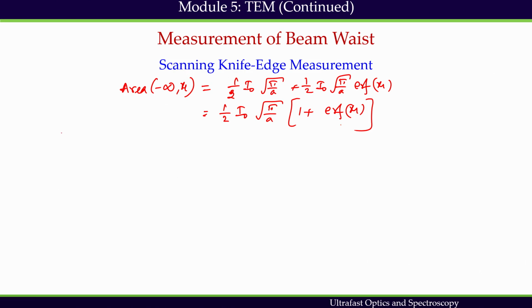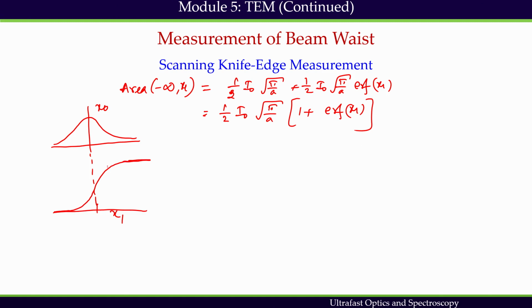So I have a Gaussian spatial profile like this, which is centered at x naught, and I am now plotting it as a function of x1. x1 can be anything. So if we plot against x1, the error function should behave like this.